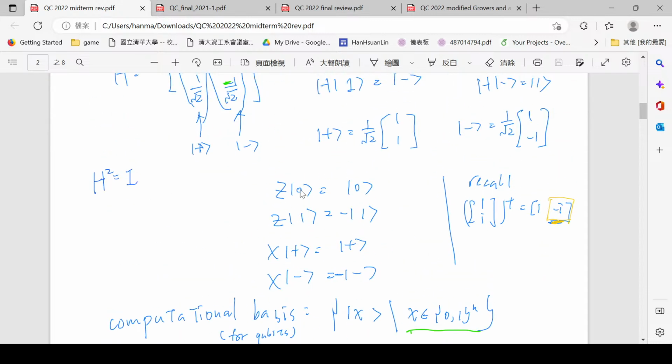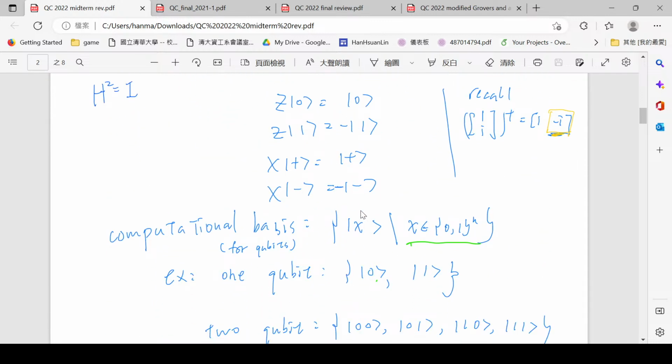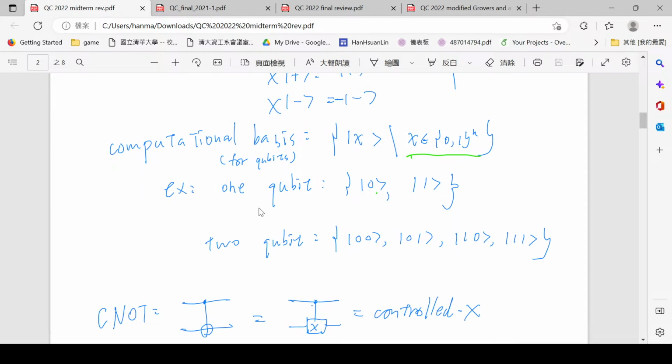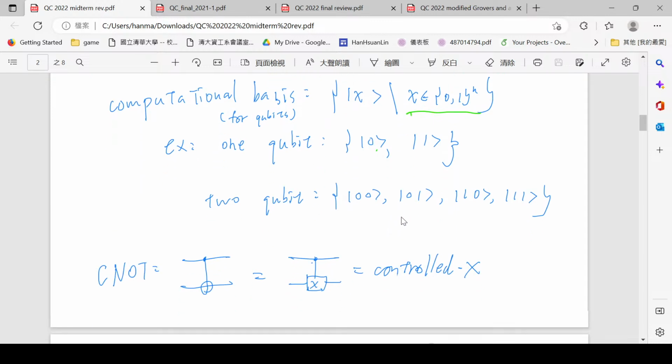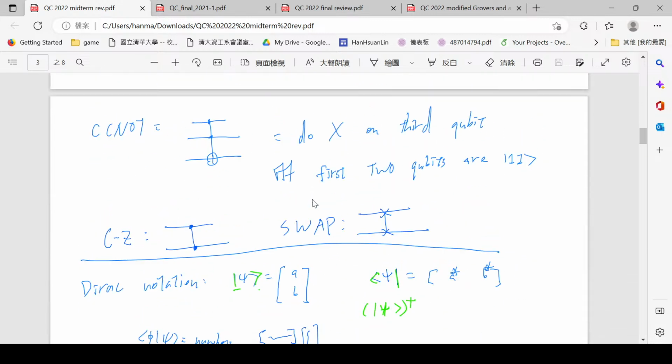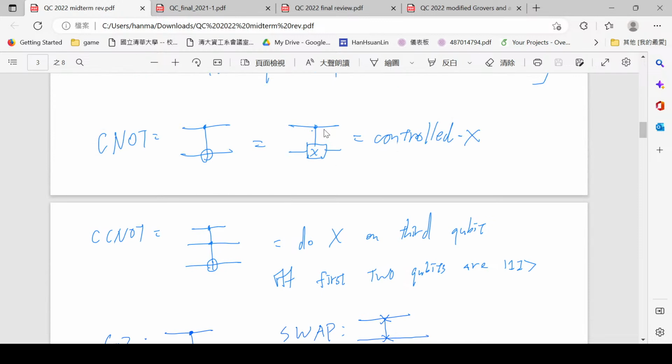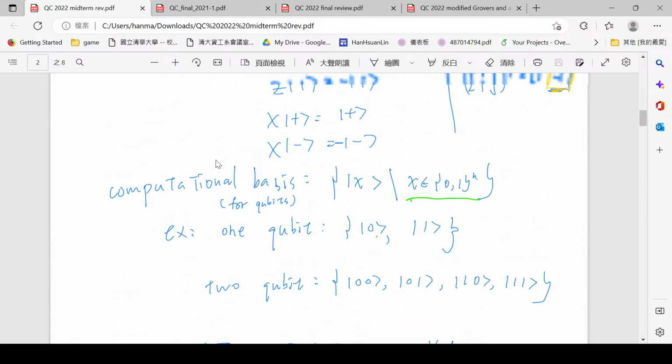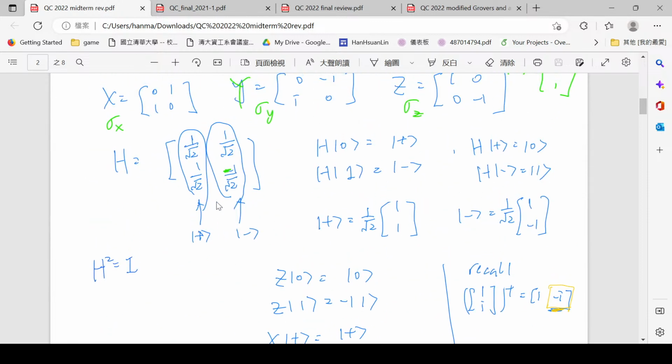And the computational basis is whatever basis that you count from 0 to n minus 1 or 1 to n, depending on how you want to do counting. And then there are gates. So the multi-qubit gate, the most common one is the CNOT. And also there is the Hadamard. So Hadamard will basically change between x and z.